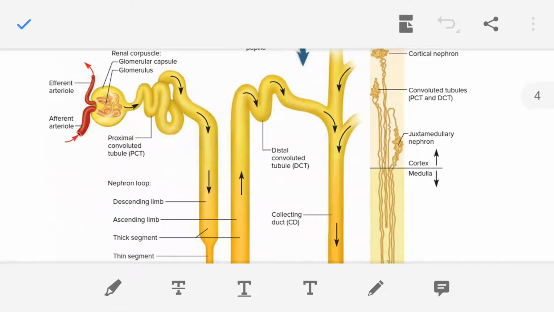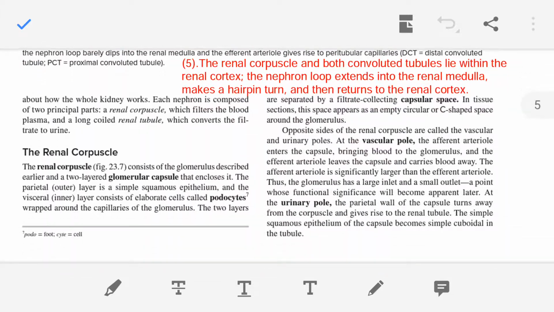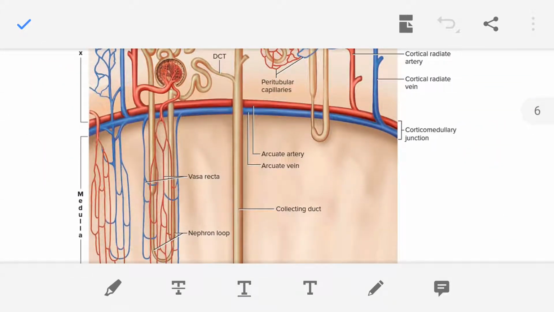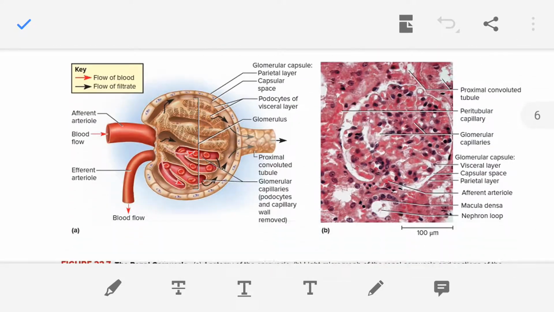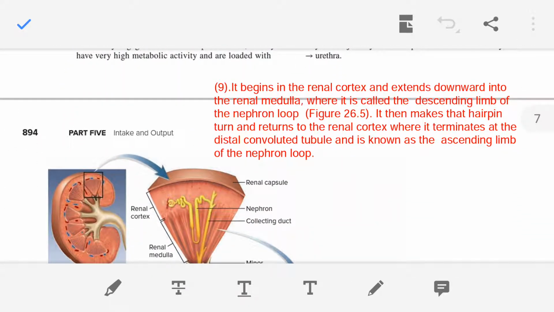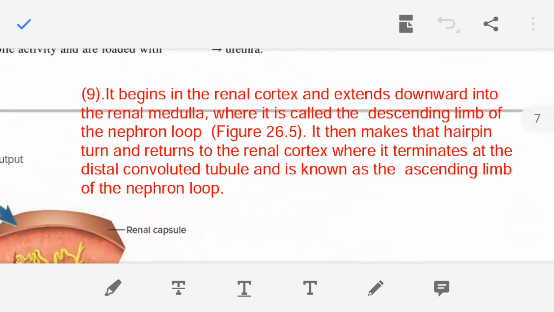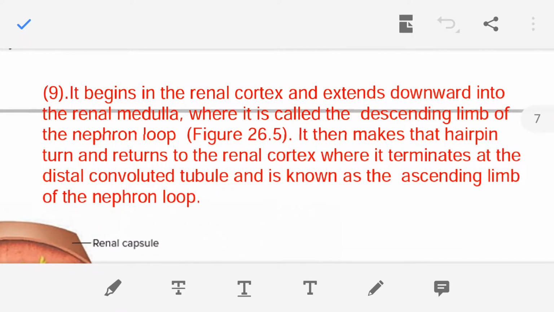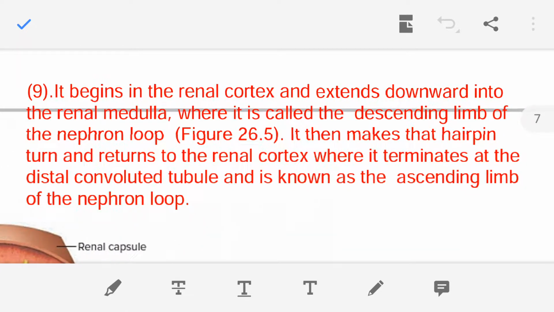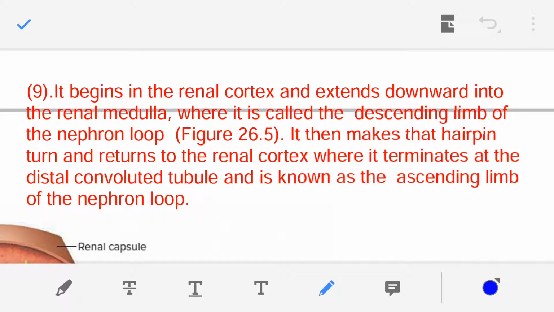Now the 9th point we are discussing. As we have seen, the nephron loop begins in the renal cortex. When it begins, it joins with the PCT, and then it extends downward into the renal medulla in a U shape.